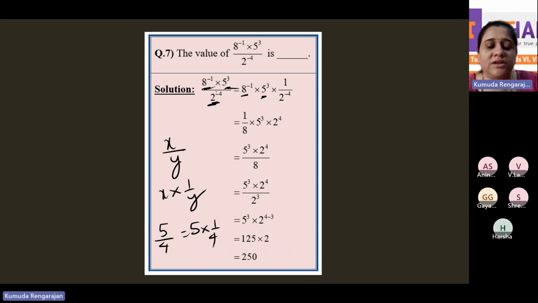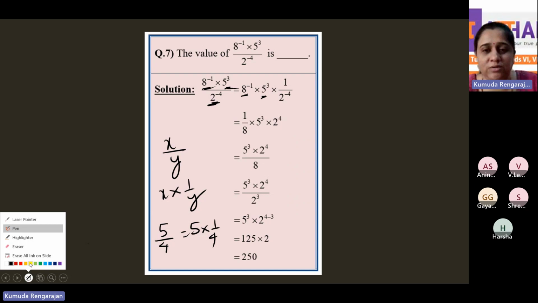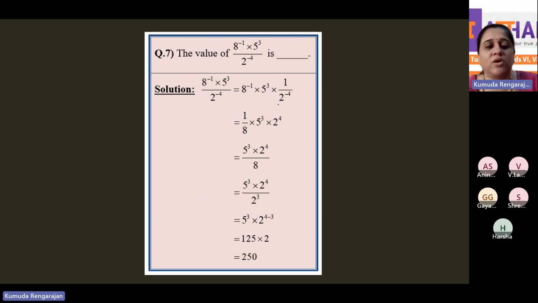Similarly, this denominator 2 to the power minus 4 should be written as into 1 by 2 to the power minus 4. Then this one is 1 by 8. You understand? This one as it is. And please use the rules, and it's like this.